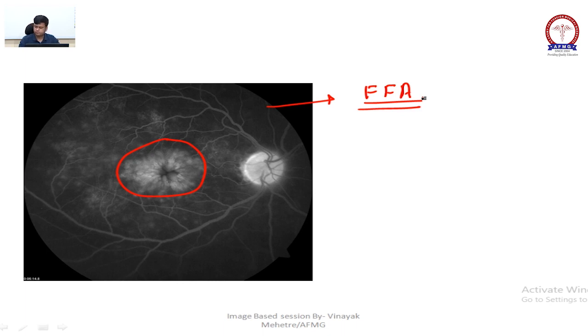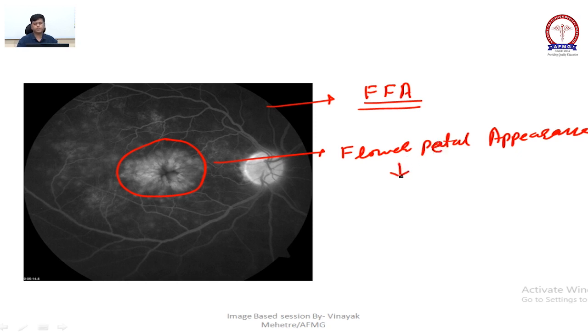Okay, now this appearance is called flower petal appearance. It is seen in cystoid macular edema.